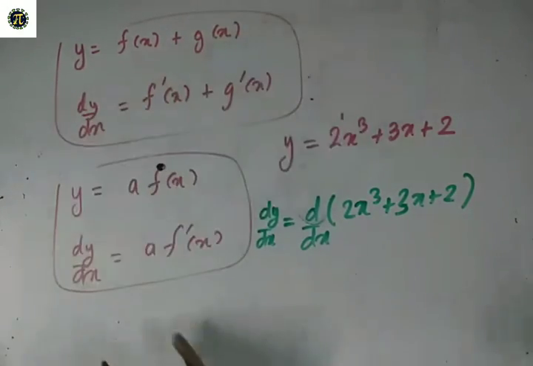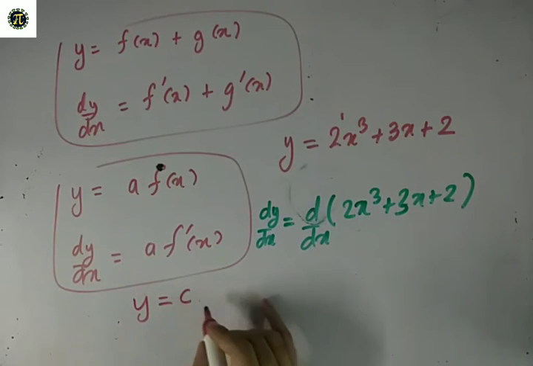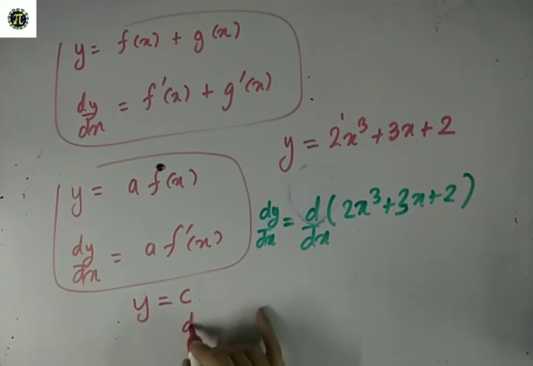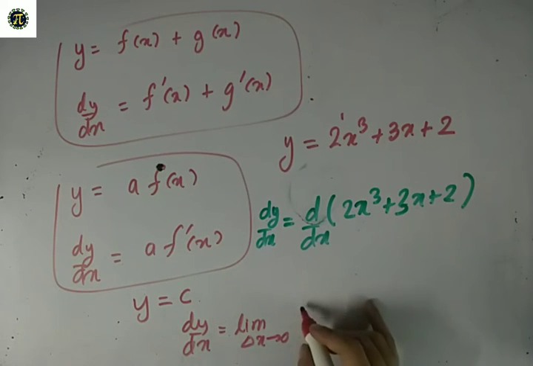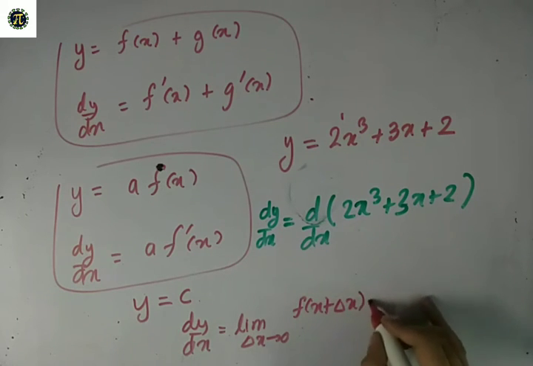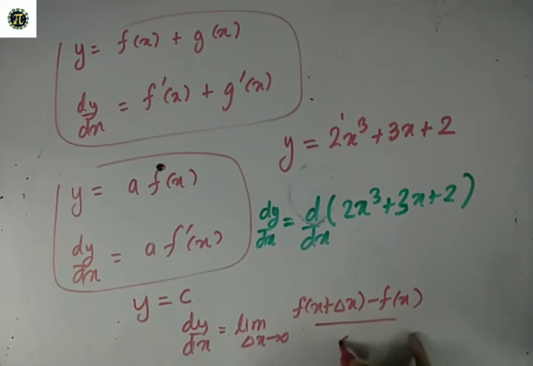Let's say if I have y is equal to constant, so this is y is equal to f(x). dy by dx by definition is the limit as delta x tends to 0 of f(x plus delta x) minus f(x), divided by delta x.